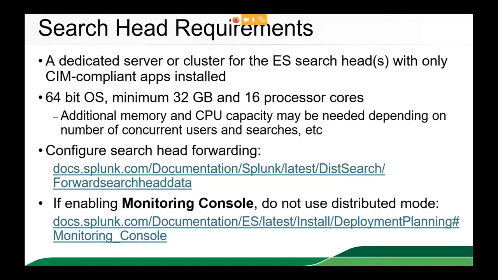So this is the basic minimum requirement: 64-bit OS, minimum 32 GB, 16 processors. Additional memory and CPU capacity may be needed depending on the number of concurrent users and searches. Those are the parameters to calculate the CPU capacity needed in your environment.